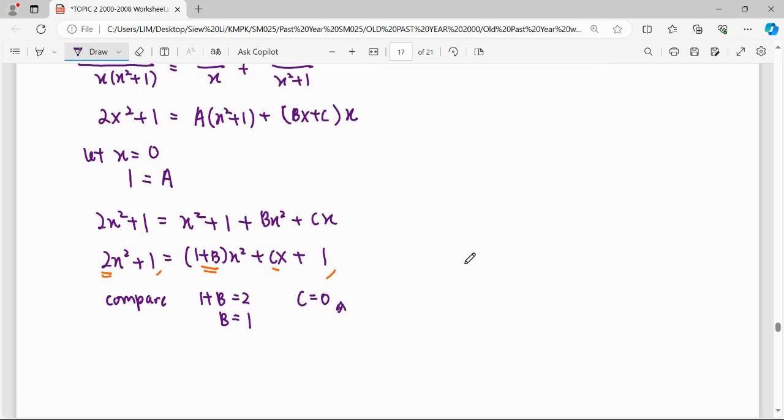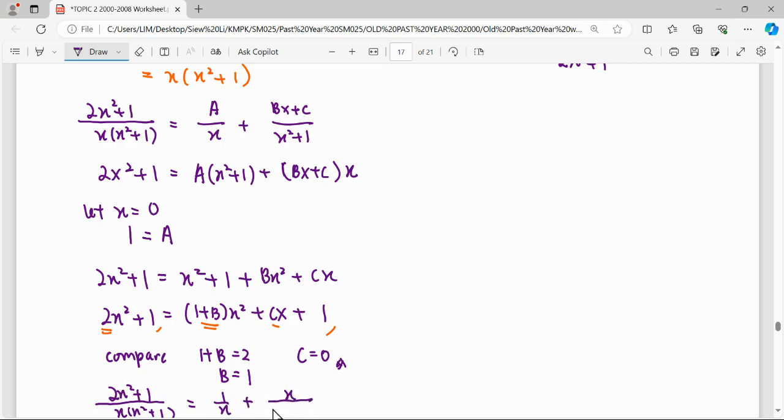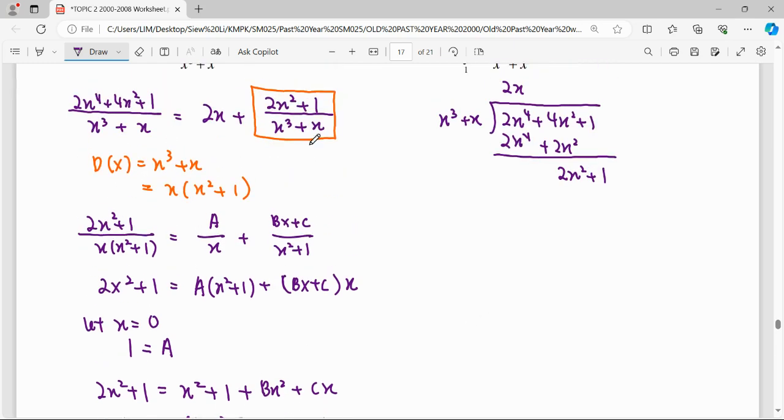So lastly, we get to express in partial fractions, where A is 1, b is 1, c is 0. So this is the remainder part.